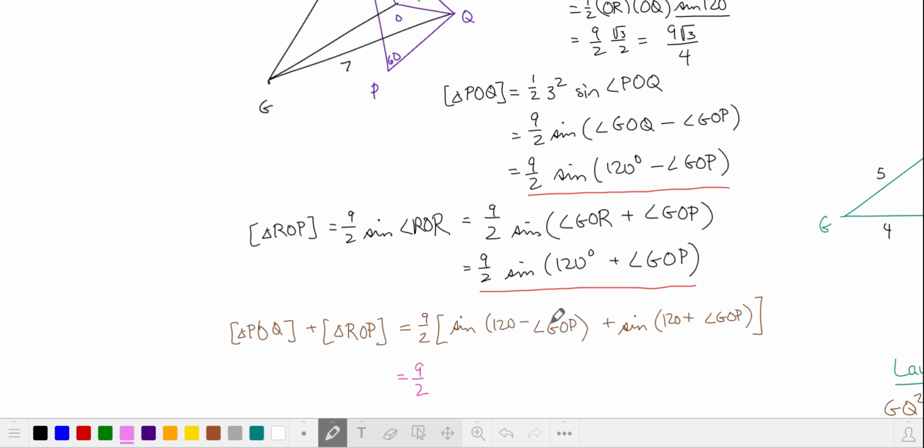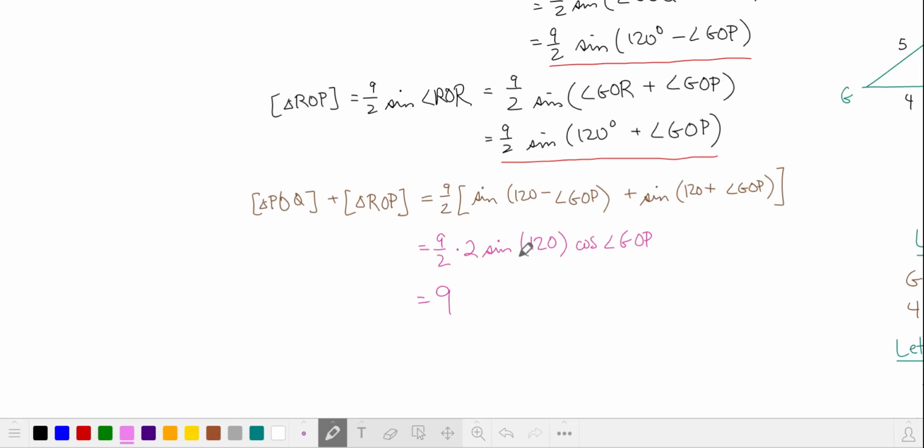For our first term, it's going to be the same for both of these two sines. So we have 2 times sine of 120 cosine of GOP. But then for the second terms, they're going to be opposite signs. Cosine 120 sine GOP minus and cosine 120 sine GOP plus. So those two will cancel out. We're left with 9 times the sine of 120 degrees, which is root 3 over 2.